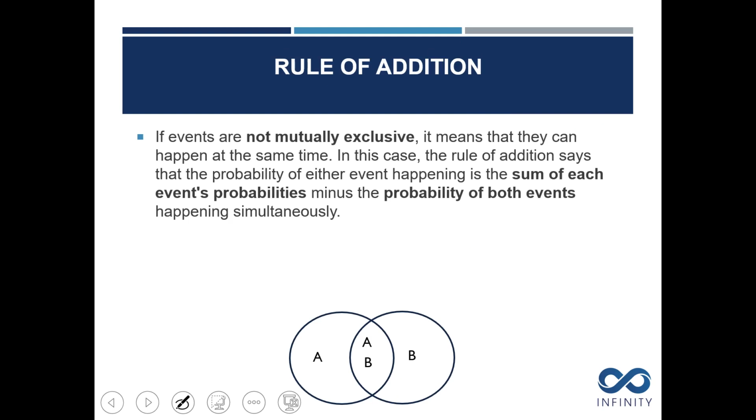But if the events are not mutually exclusive, that means both events can happen at the same time in some cases. In this case, the rule of addition says that the probability of either event happening is the sum of each event's probabilities minus the probability of both events happening simultaneously.